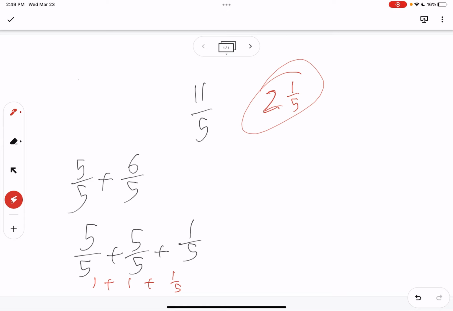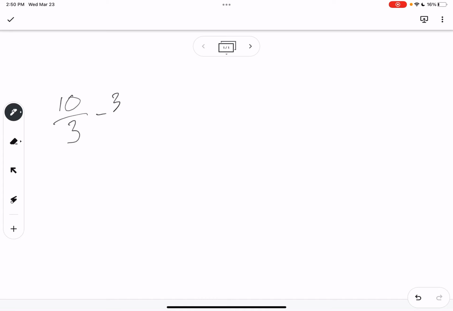So if I have 10 thirds, how many whole fractions do I have? I could keep subtracting out whole fractions, or I could use a calculator and ask, what is 10 divided by 3?